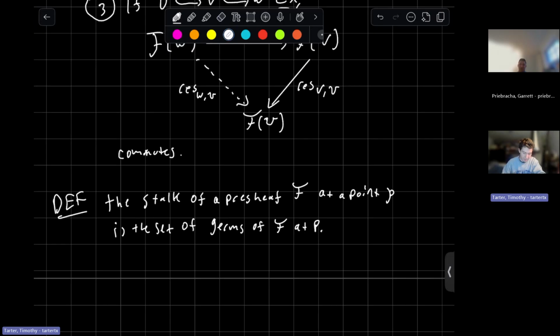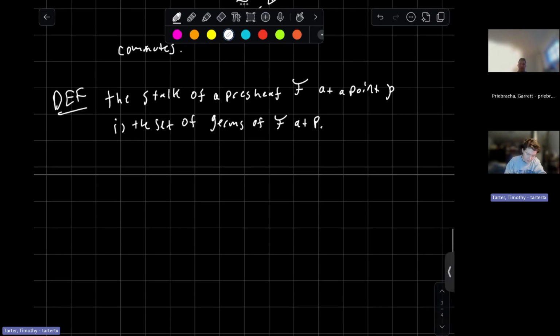Okay, there is a slight difference that makes it worth writing out the definition again.